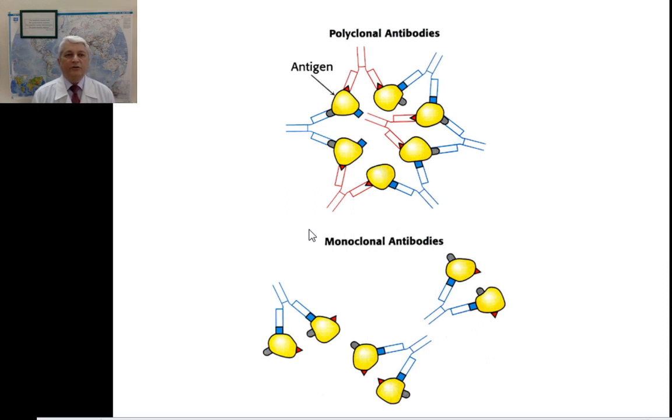So different clones of B lymphocytes produce different antibodies, and we call these antibodies polyclonal antibodies. Now please let's explain what is monoclonal antibody.